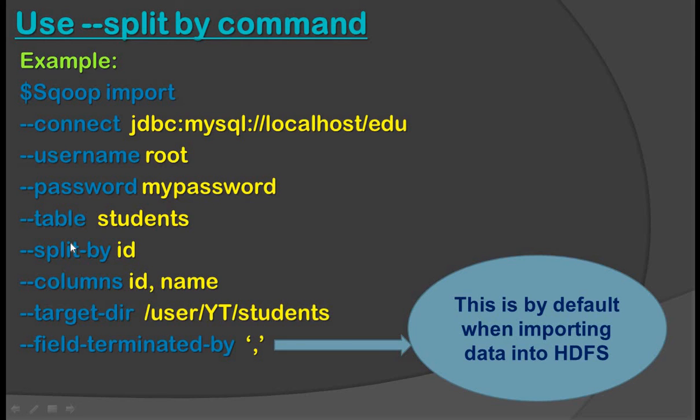So this is the main difference between using double hyphen split-by and not using it. If we specify a specific column name, Sqoop will split data based on that column, and if we do not specify any split-by column name, then Sqoop will automatically split data based on the primary key available in the student table and divide data to the running mappers.